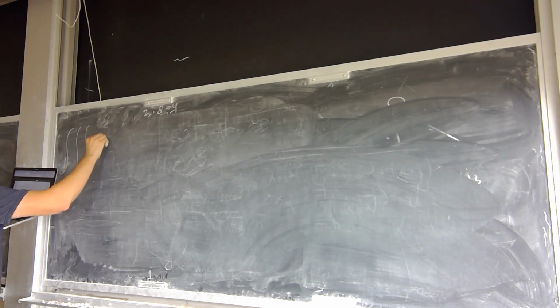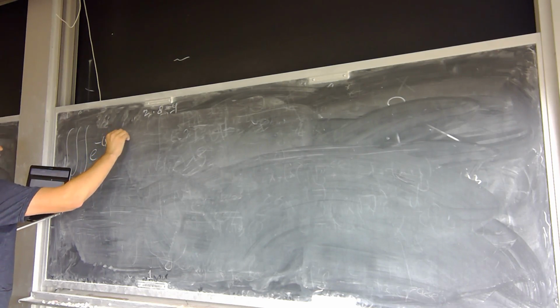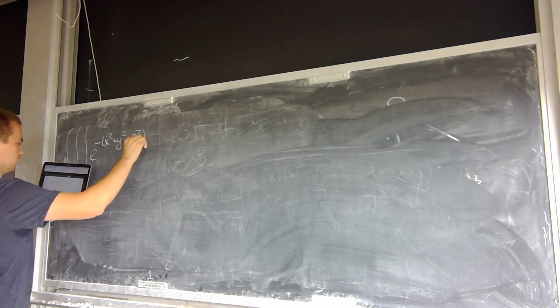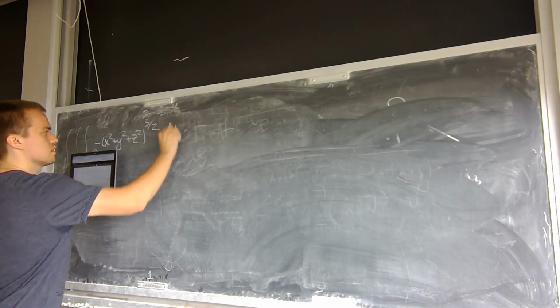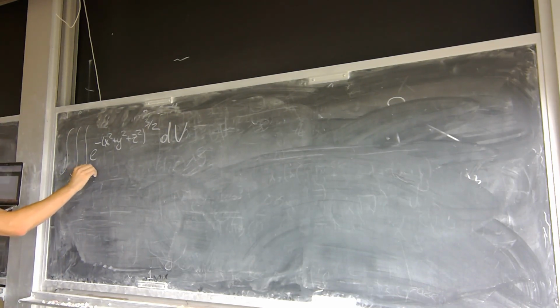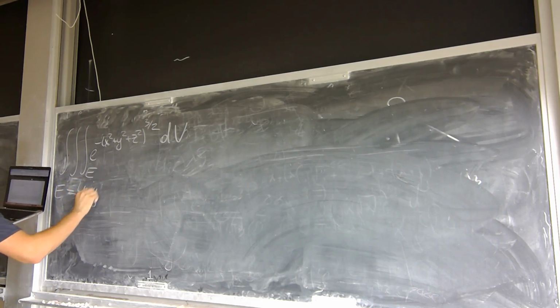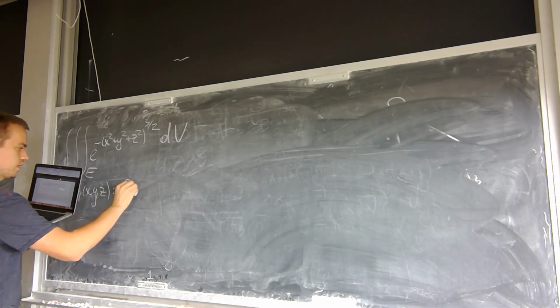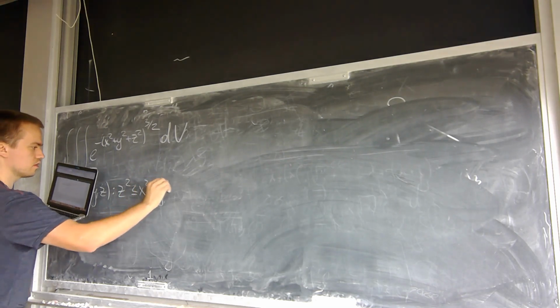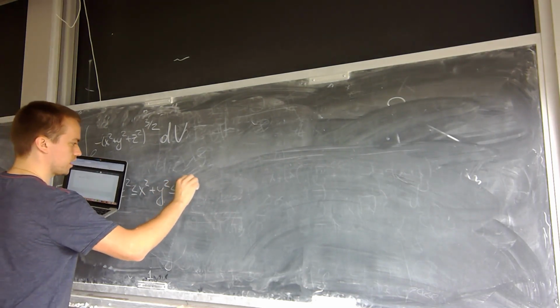You have the triple integral over region E of the function e to the power minus (x squared plus y squared plus z squared) to the power 3 over 2, dv. And I need to tell you what the region E is. The region E is described by this: x, y, z points in space such that z squared is less than or equal to x squared plus y squared, and that is less than or equal to 1 minus z squared.